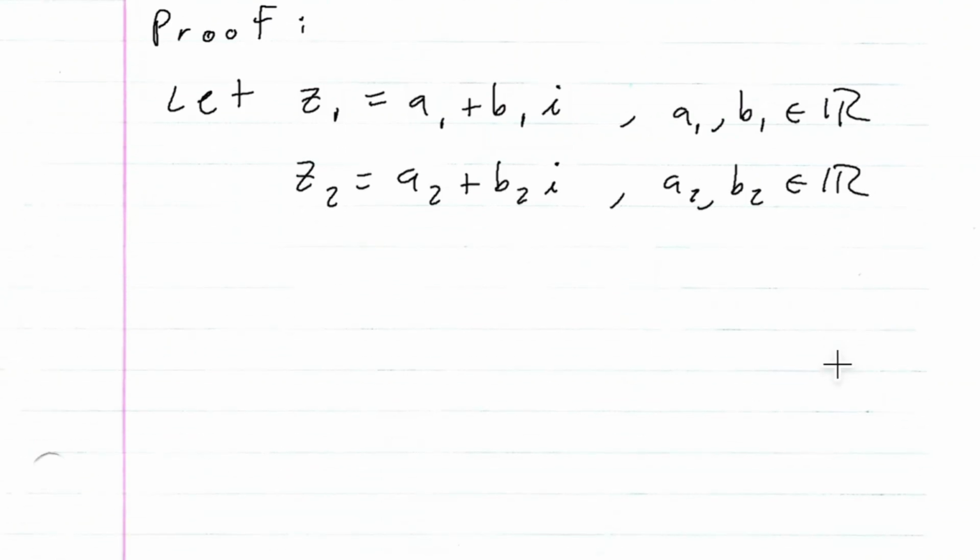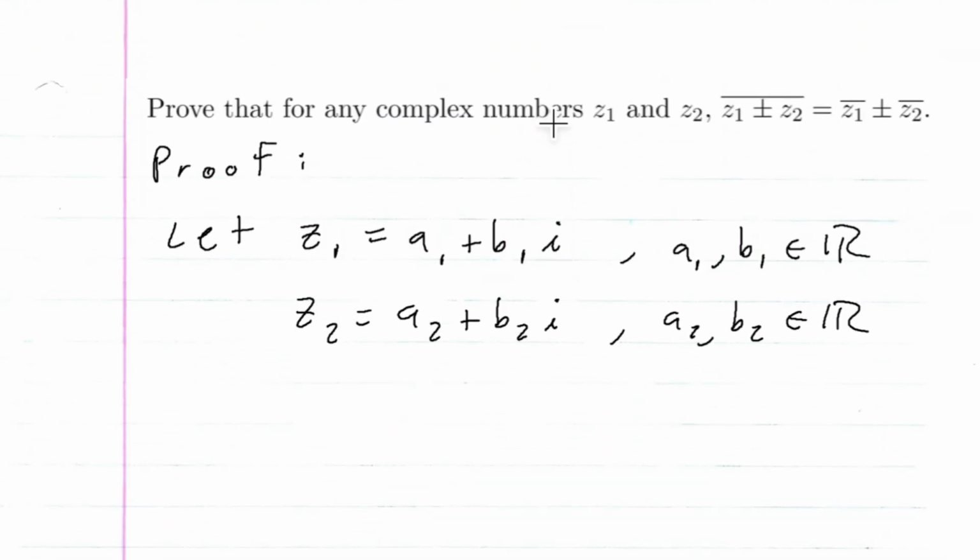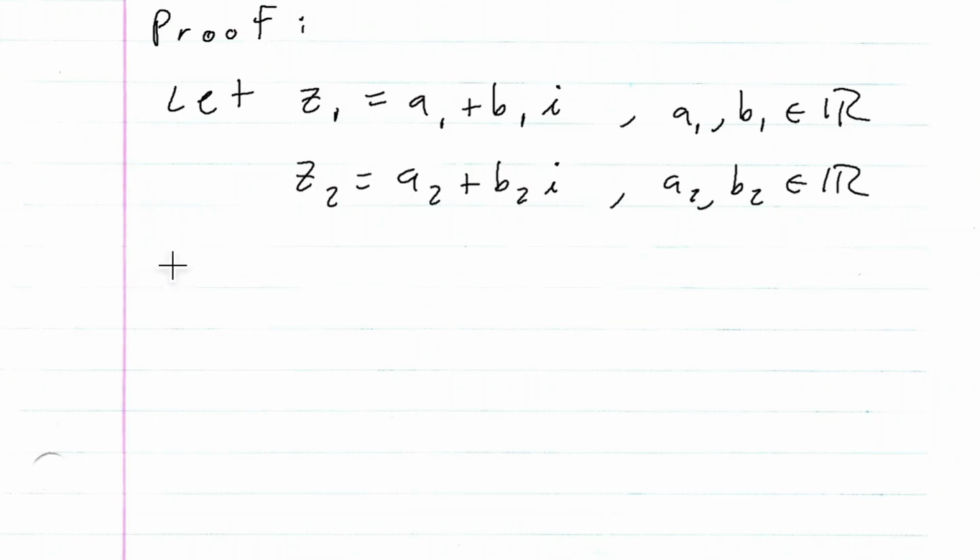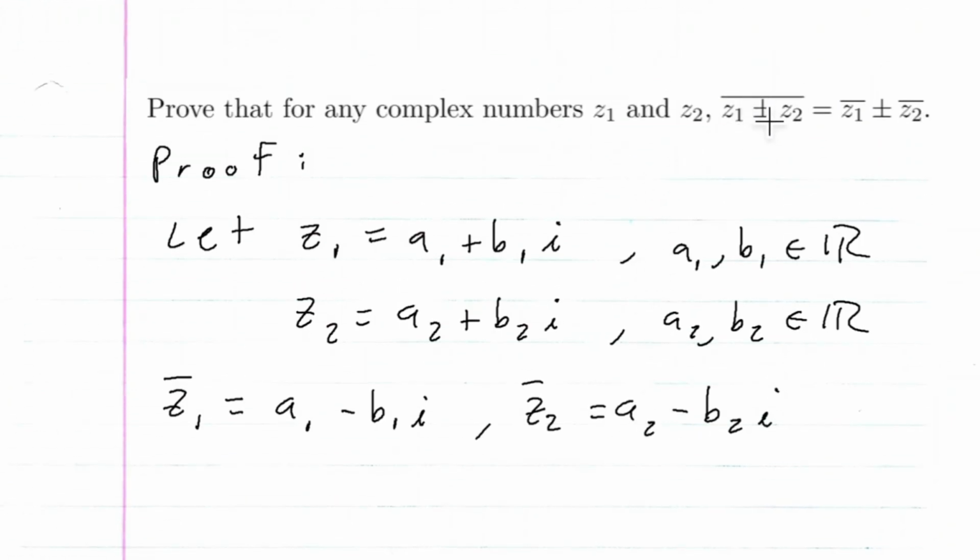Okay, so we want to know what z1 conjugate and z2 conjugate are. So let's write those out. We know that z1 conjugate is going to be a1 minus b1i, and z2 conjugate is going to be a2 minus b2i.